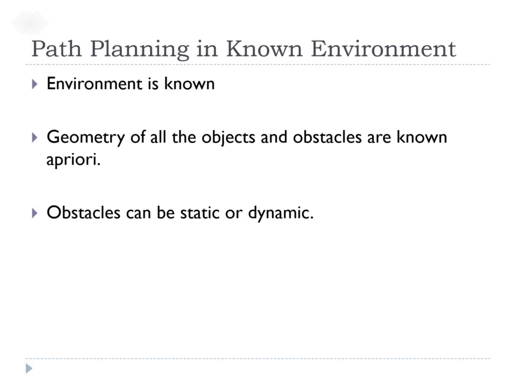Think of a scenario where we have a shop floor in which 2-3 robots move every day to perform their tasks. So they may be going from one location to another location which are known. And there can be machines, there can be furniture, and the location and geometry of each and every object and obstacle is known.